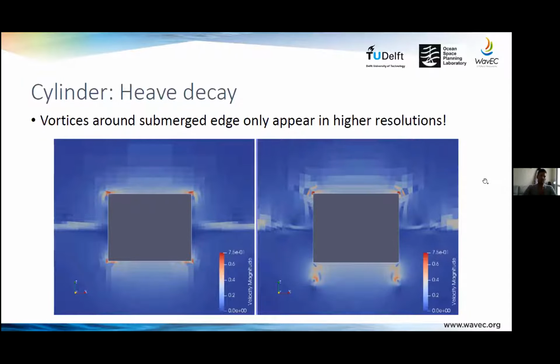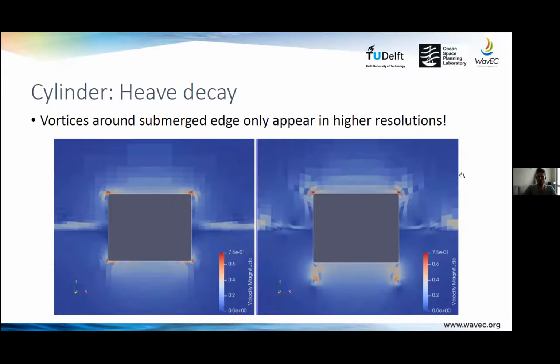And we are currently investigating, together with the application of viscous layers and turbulence modeling, what exactly those effects are, and if that improves our results. So there is quite some work ongoing in this.